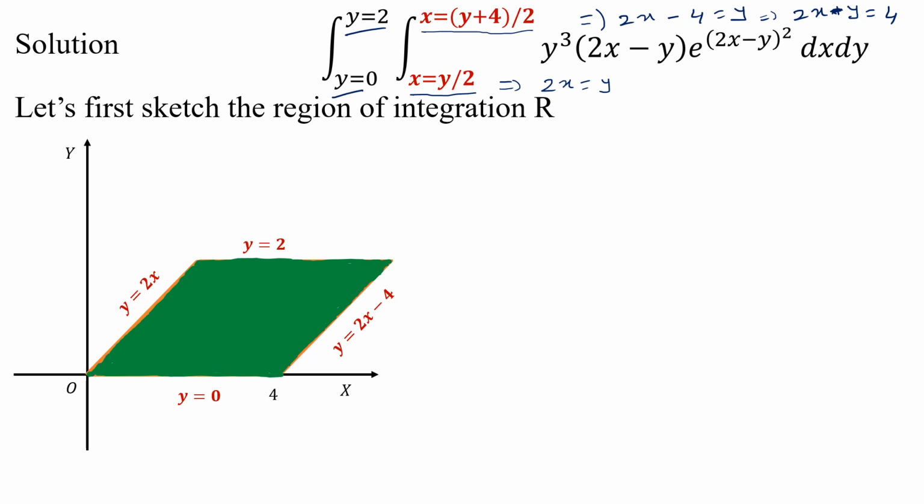For y equals 0 at this point, x will be 2, not 4. And for x equals 0, this line will be y equals 2, that we can get here.